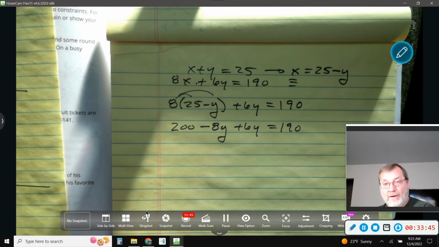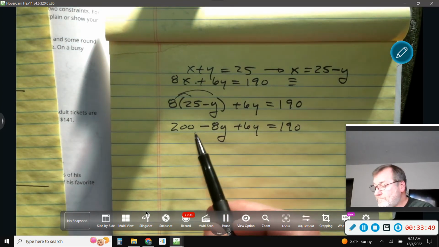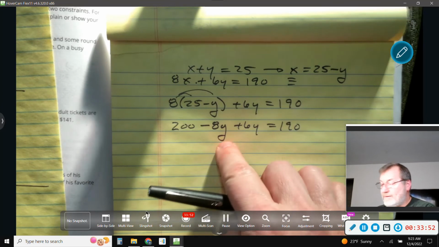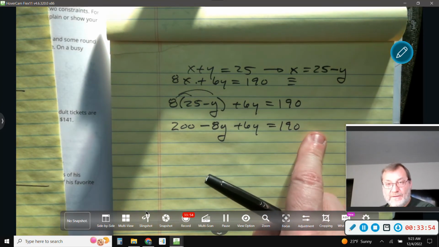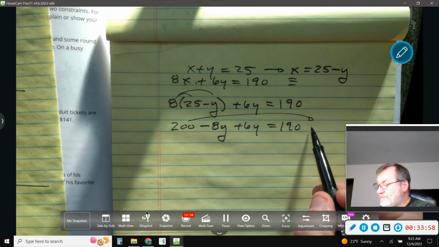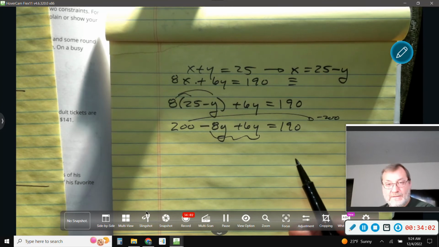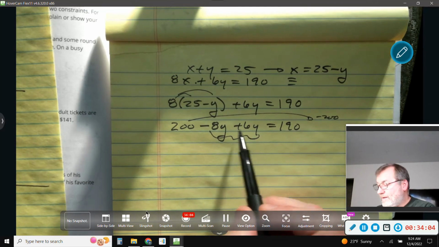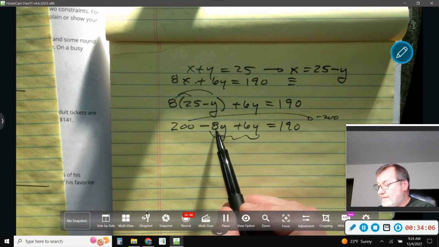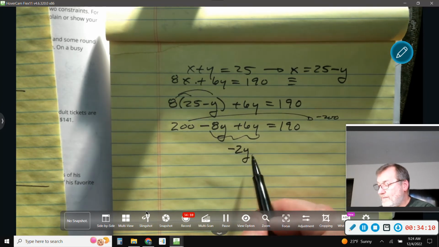Right, so I have to combine all the y's on one side and everything else on the other. I'll put all the y's on this side, and all the numbers on this side. So I have to move this over here, which means I subtract 200. Then I can combine these. If I have negative 8 y's and I add 6, that gives me negative 2y.